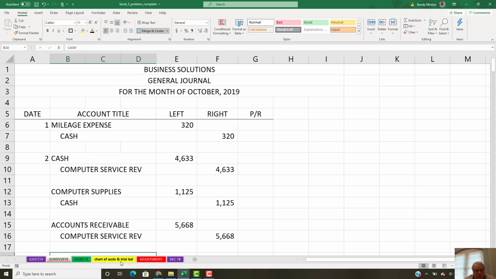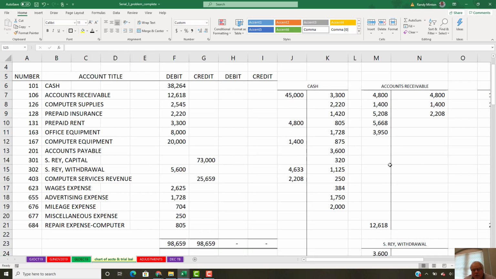The way that we got there is we had all of these entries from October and November that we posted to each one of these ledger accounts over here, that are reflected by T accounts that I've created here in Excel. Once we had all of those posted, then we added them up. If it was a normal debit balance account, like cash, it's an asset.